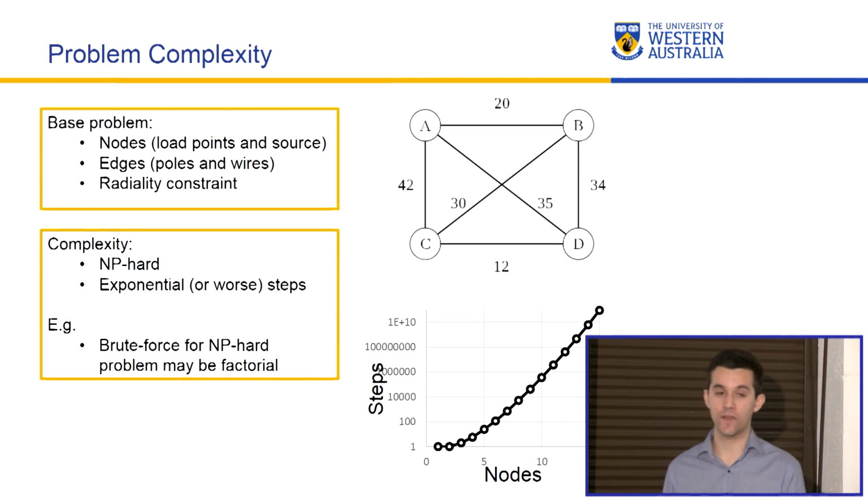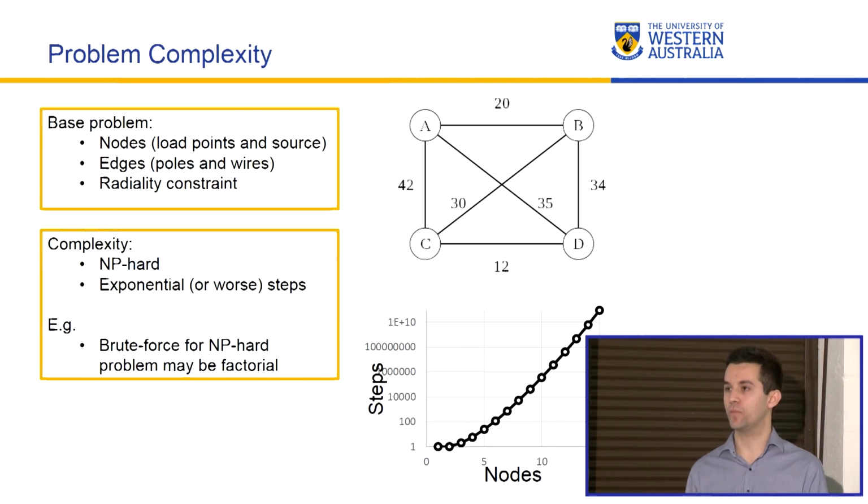So just to give you an idea of how slow that would be and how many steps you would need to run through of an algorithm, if you tried a brute force approach for this sort of problem, by the 15th node, you would have already run into over 1 trillion steps.